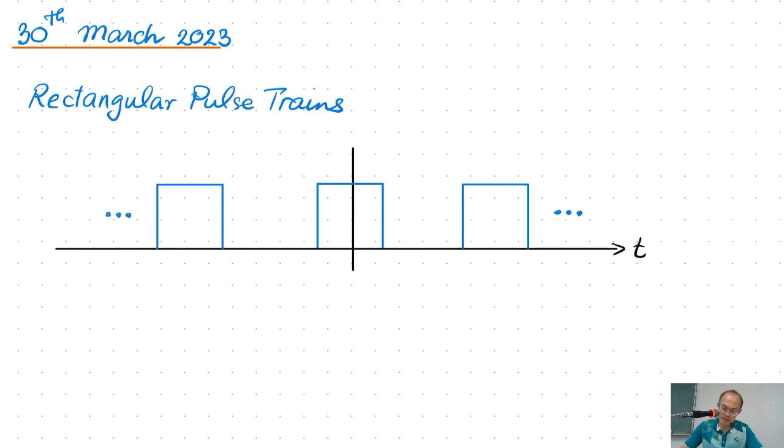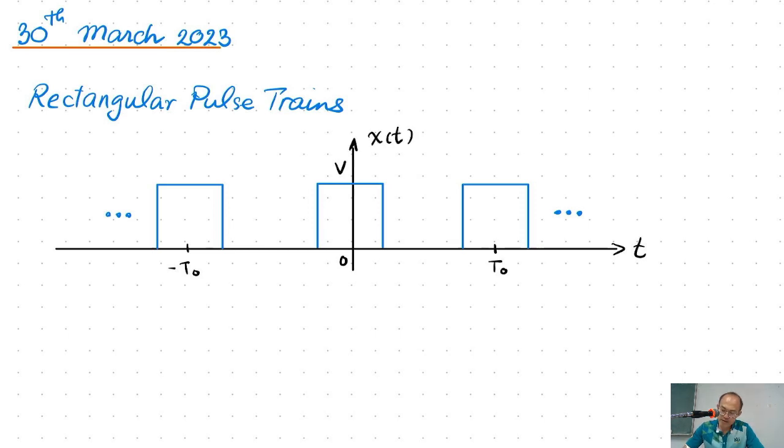All right, the period is assumed to be T0 here. That is the period. The height of the pulse is assumed to be V, and this signal is called x(t).